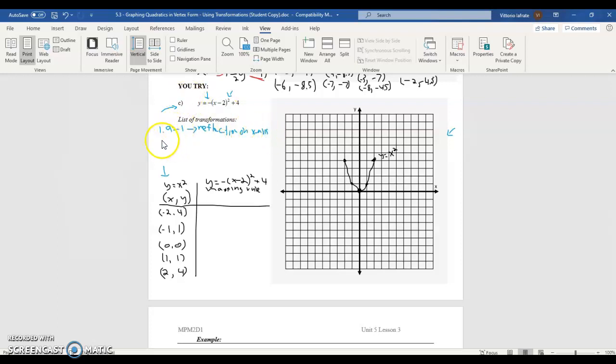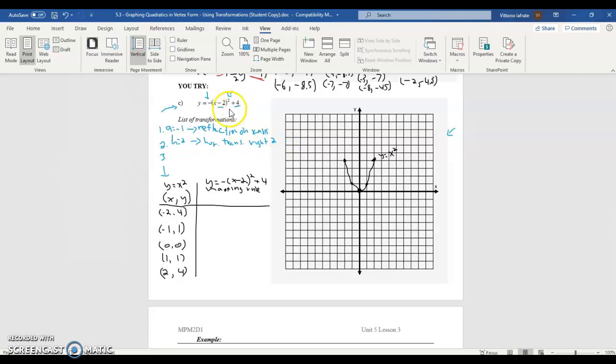And then we also have some translations happening. We actually have two translations happening if you look carefully. The first, if you look over here, is that our h is equal to 2. Positive 2. So what that means is we have a horizontal translation to the right two units.